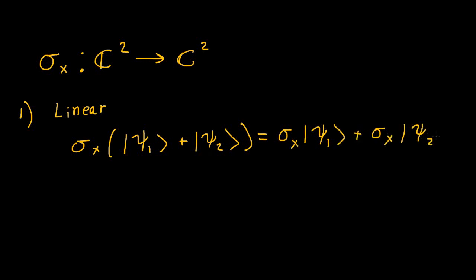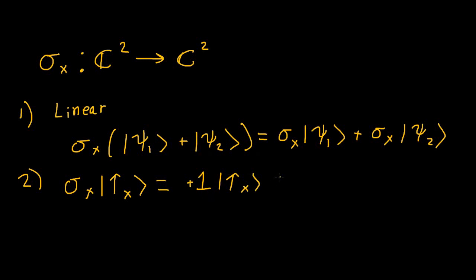And the second property, which is more special, is that when sigma sub x acts on the spin up state along the x-axis, the result is just plus 1 times the spin up state along the x-axis.